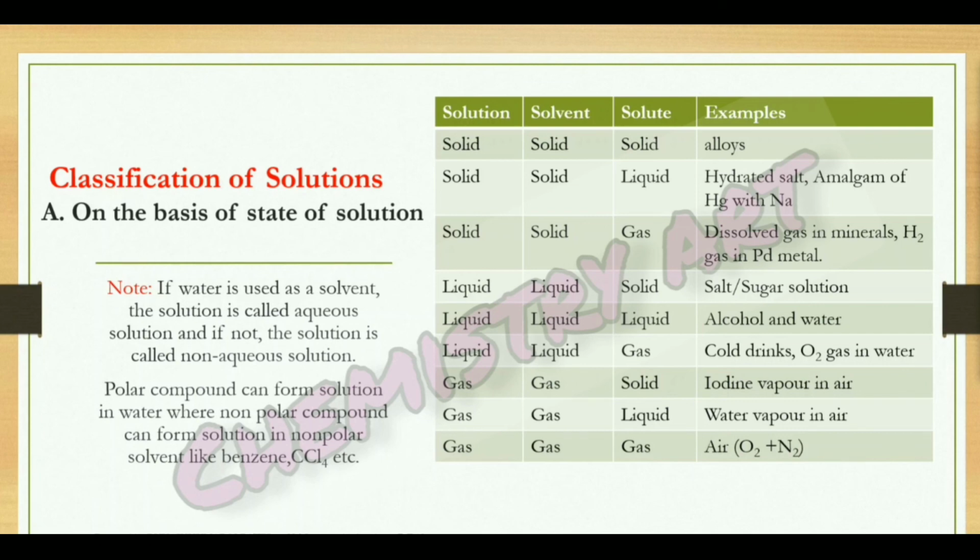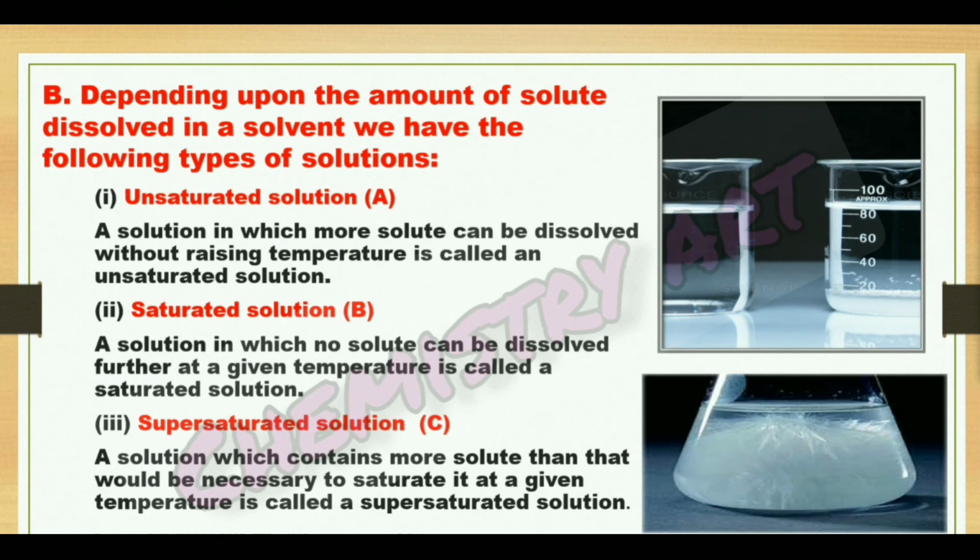As you can see in the table, we have different types of solution: solid, liquid and gas, depending on the states of the solvent and solute. Now, the second type is depending upon the amount of solute dissolved in a solvent. Here, unsaturated, saturated and supersaturated solutions are there. So we have already discussed all these things.